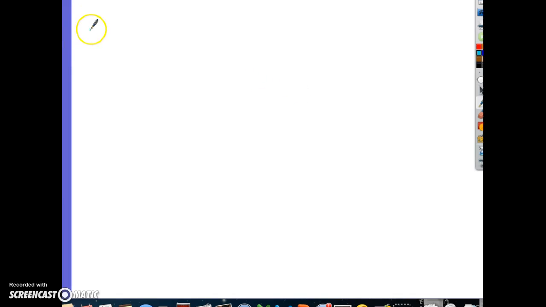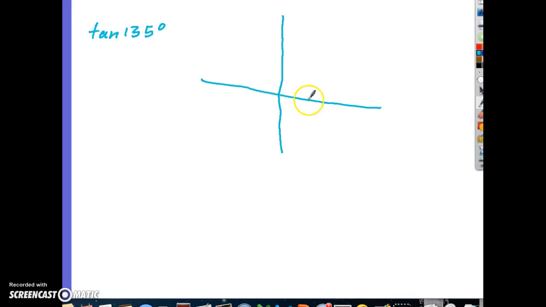Here we go. Tan 135. Which quadrant do you think we're in now? If you take a look, 90 plus 45 would give us 135. So right here we are in this quadrant.